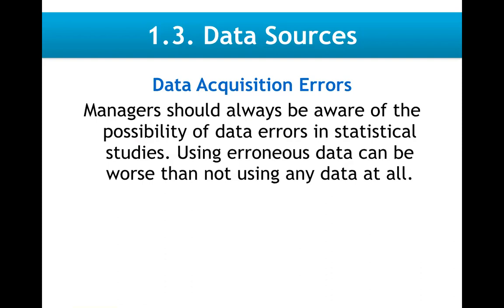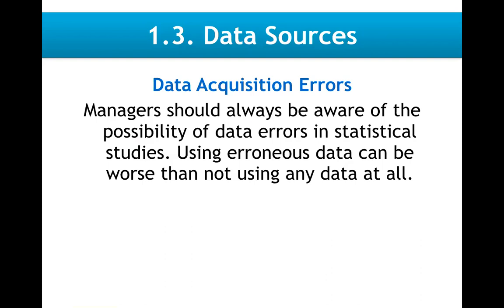I mean, an error in data acquisition occurs whenever the data value obtained is not equal to the true or actual value that would be obtained with a correct procedure. Such errors can occur in a number of ways.